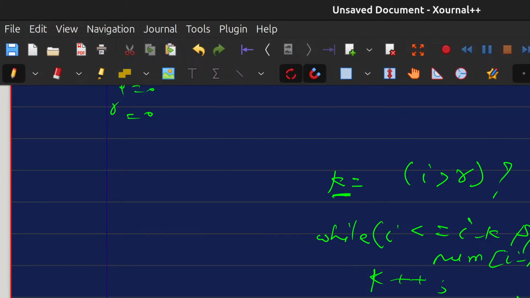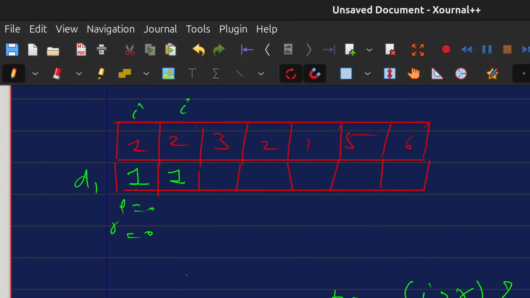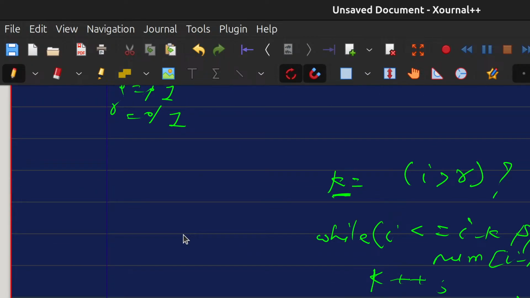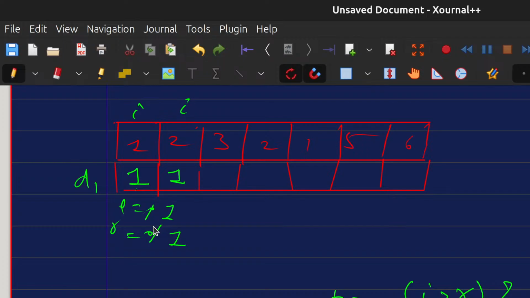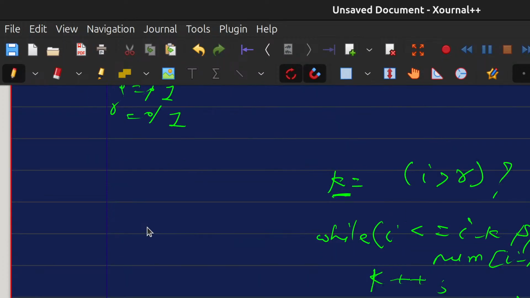I plus K is what? 1 plus 1 is 2 minus 1, which is 1, greater than R. R is 0, yes. Then we will update L and R right now. I minus K plus 1, so L is 1, R is also 1. What is R? I plus K minus 1.